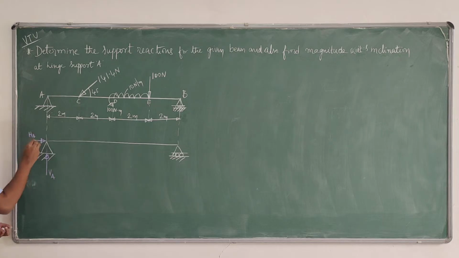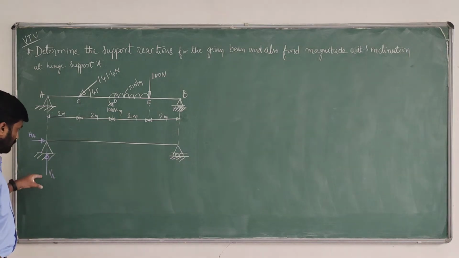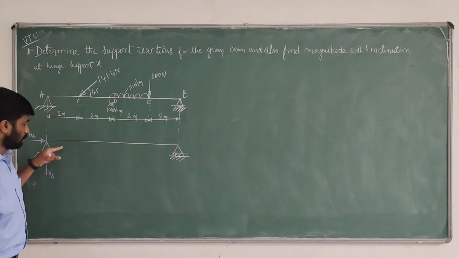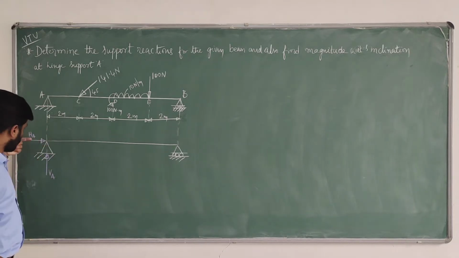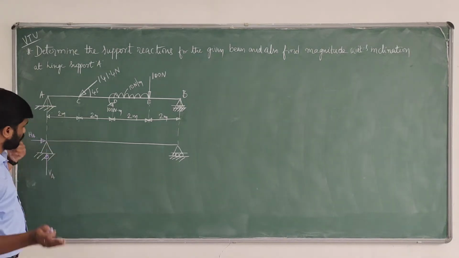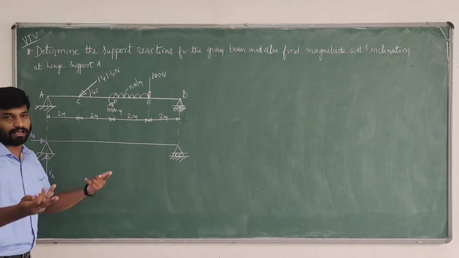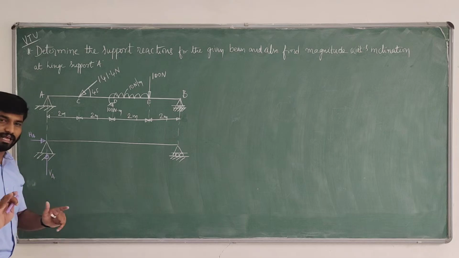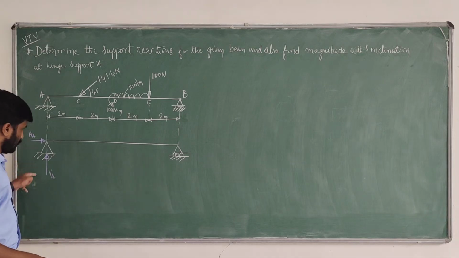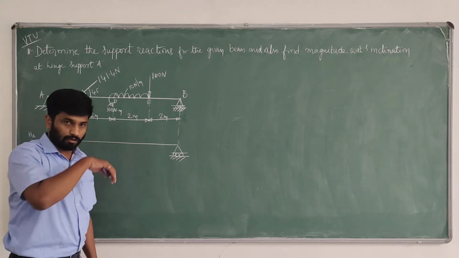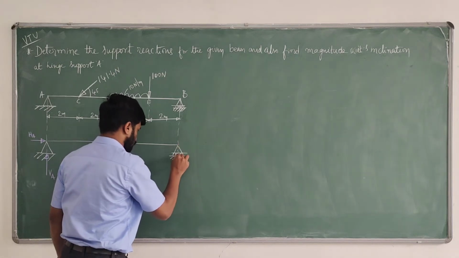Initially we assume all positive directions, upward positive and right side positive for HA. If we get negative, we can change appropriately. No problem. The ultimate aim is to determine these reactions VA, HA, and VB.